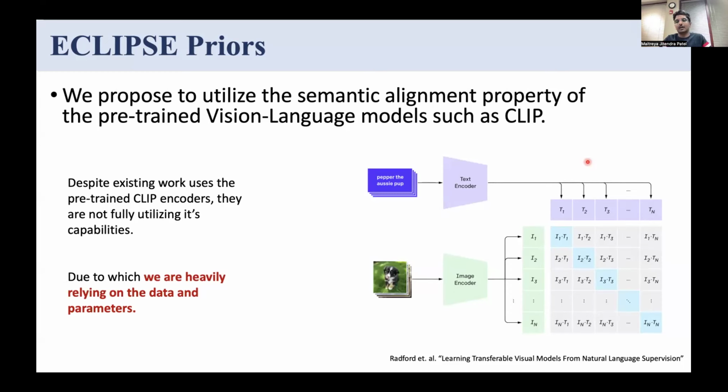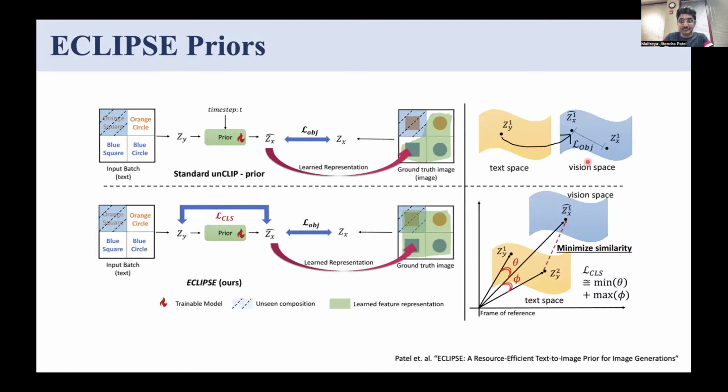However, if we take a look at the existing modeling strategies, we are not effectively utilizing the semantic alignment property. What we are trying to do is just map one text embedding to the corresponding image embedding, which is just a one-to-one mapping. Because of that, we are heavily relying on the parameters to overcome this limitation in our training strategies.